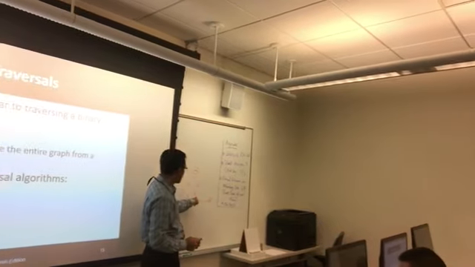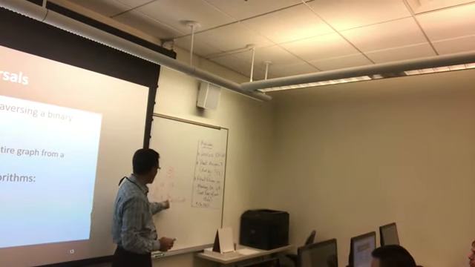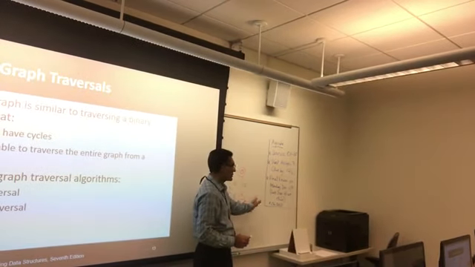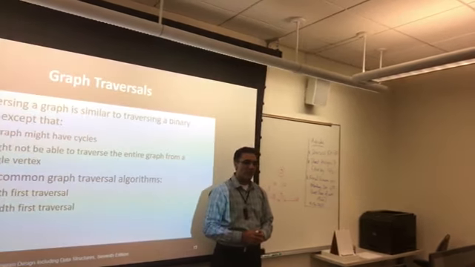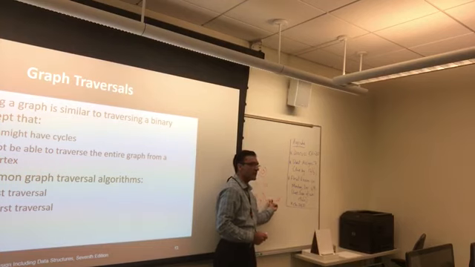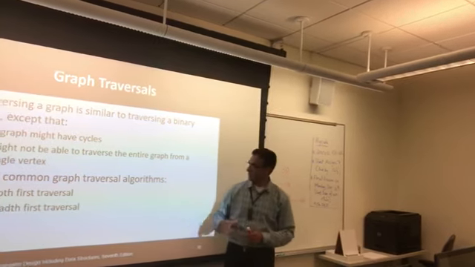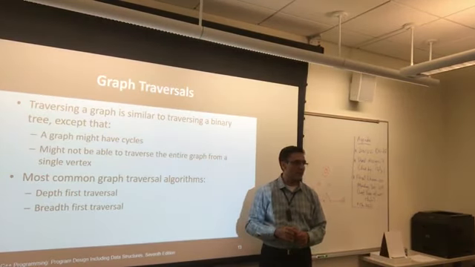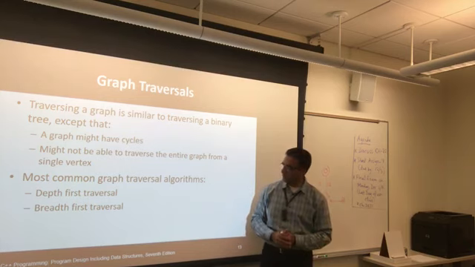Because if it's a directed graph, I can only go from 0 to 2, or 0 to 1, or 2 to 1, but I cannot go from 1 to 6 or 0 to 6. There's no direct link between them. So this vertex 6, I have to access separately, not in the same cycle. That's what it's saying: traversing the entire graph from a single vertex might not be possible, especially when you're trying to traverse it, print it, and so on.